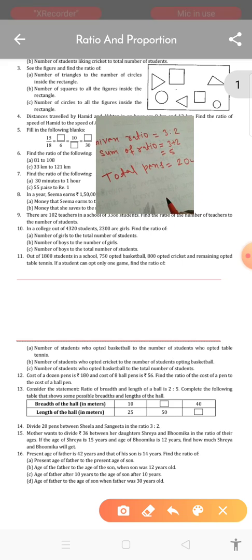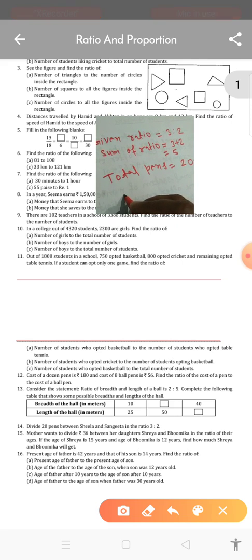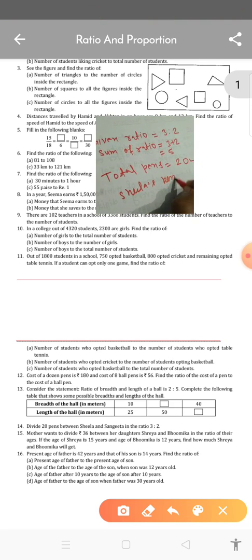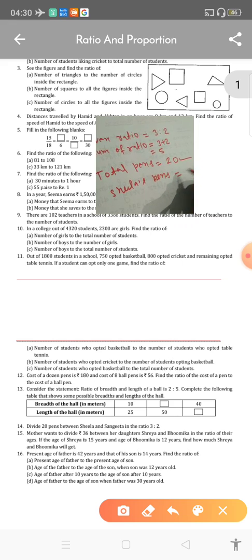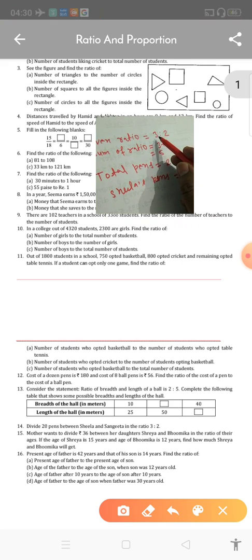How many pens will Sheila get? Number of pens Sheila gets, or Sheila's pens, is equal to, what is Sheila's ratio? Sheila's ratio is 3.